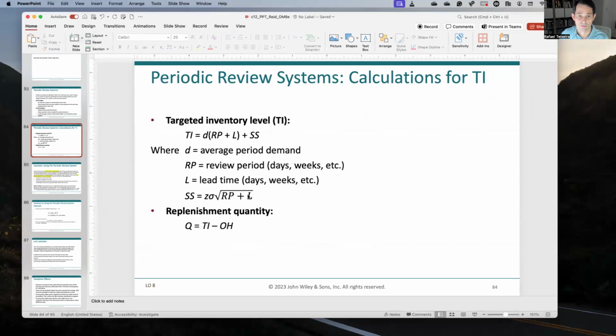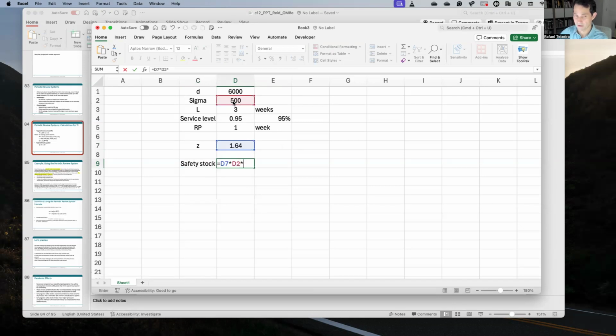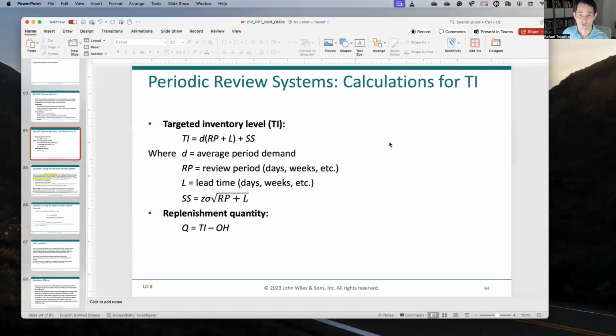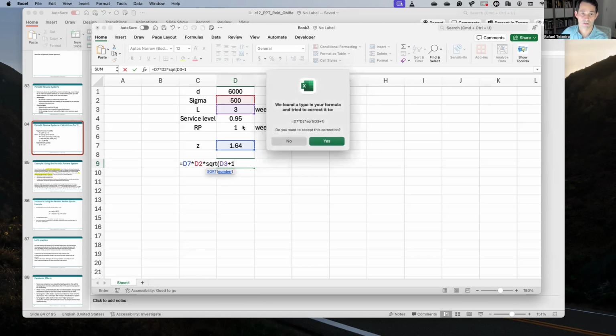I'm going to implement this formula here. So my safety stock is going to be equal to my Z value times my sigma times the square root, SQRT, open parenthesis, of my lead time plus my review period.